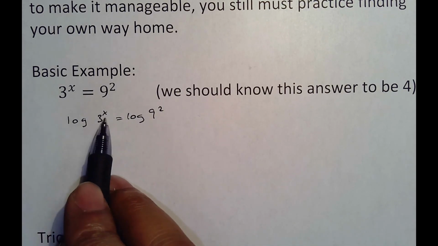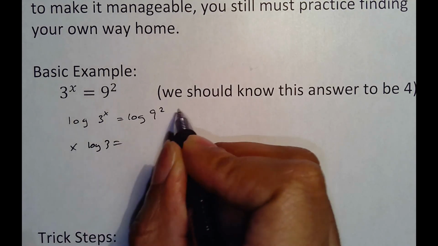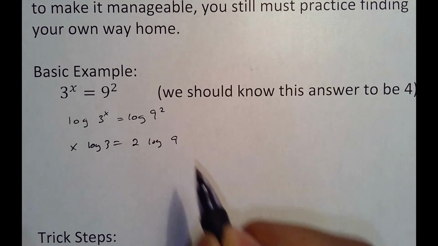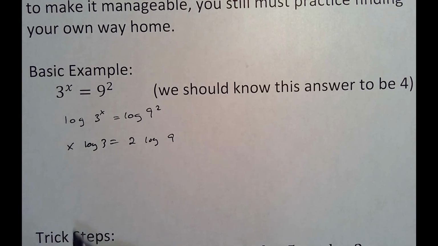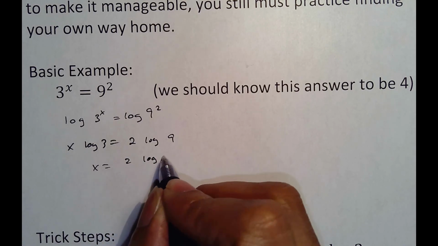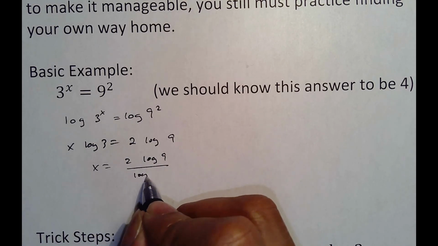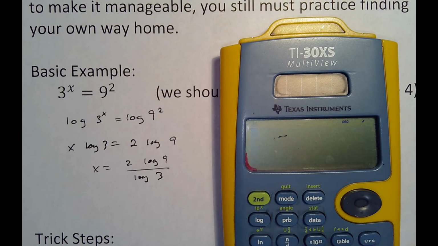And so based off of the property we know, this turns into x log 3 equals 2 log of 9. And now since x is being multiplied by log of 3, you divide both sides by log of 3, meaning that x equals 2 log of 9 over log of 3. And so then you have to make sure your calculator programming is up to speed.